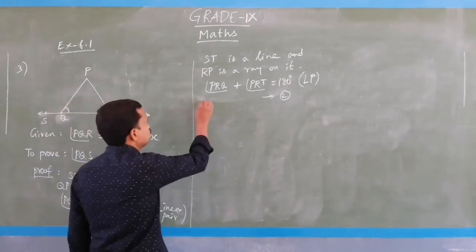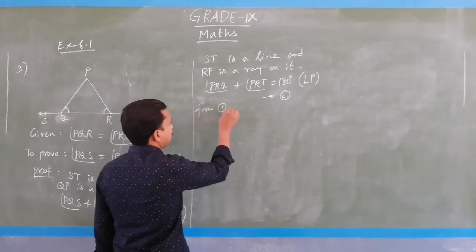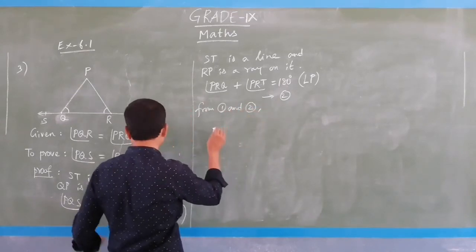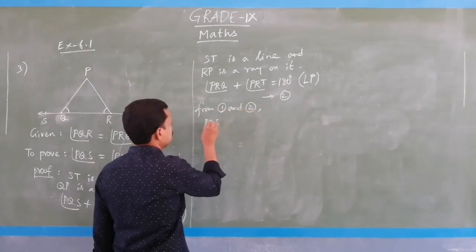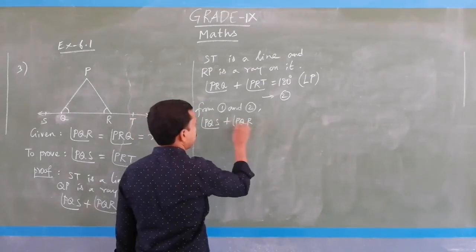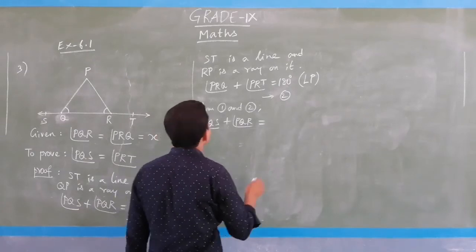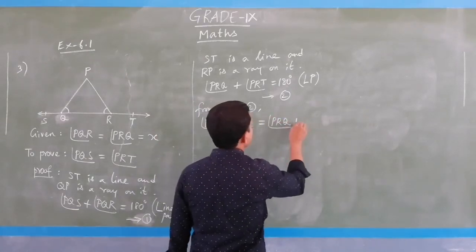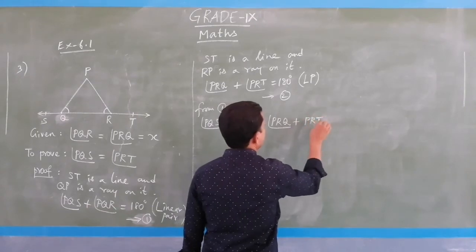So, from 1 and 2 we have PQS plus PQR is equal to PRQ plus PRT.